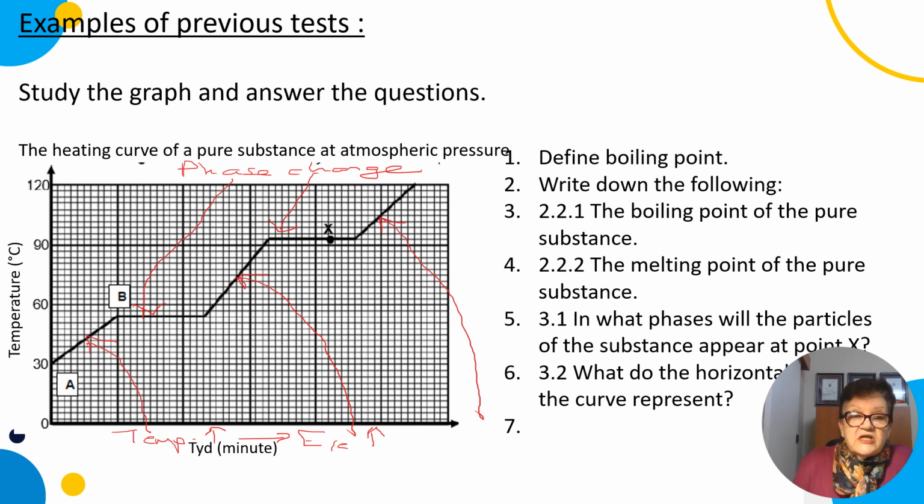So temperature change between A and B, then between B and the next point of change, the horizontal part there, is where at the lowest place, which is here, it melts. Then it is a liquid in the next part of the graph between plus minus 58 to 92 degrees. So then we have water, and then the next flat part of our graph is around about 92 degrees.